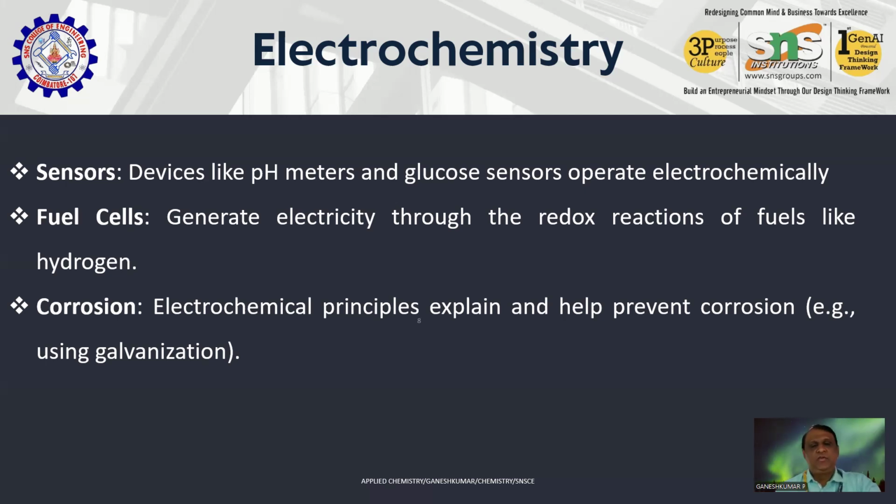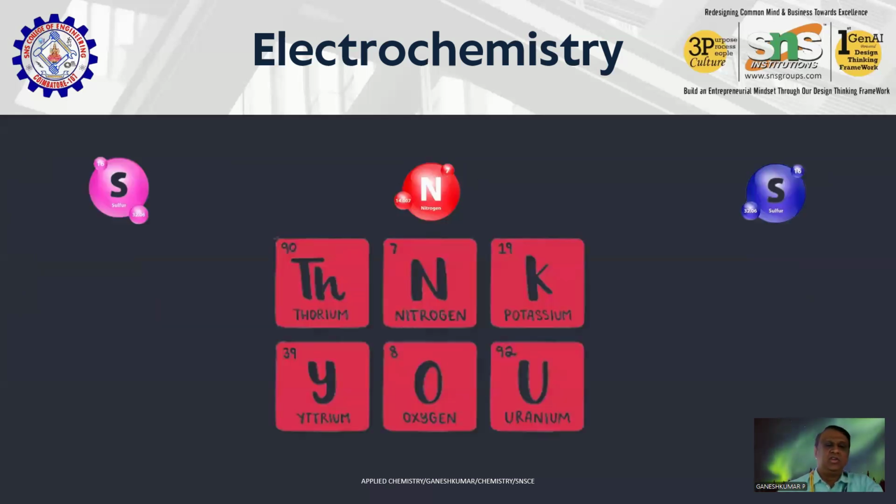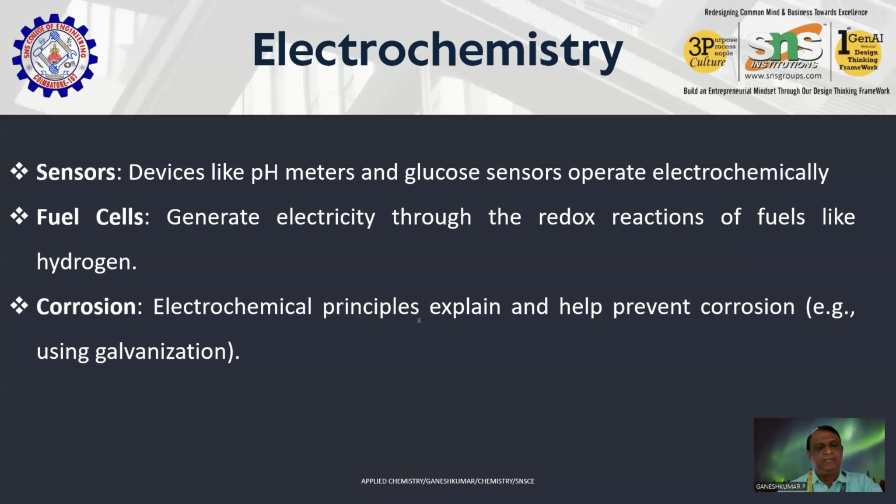Then fuel cells, which have a redox reaction in which hydrogen is used as a fuel, and the hydrogen-oxygen reaction produces energy along with water. There is no pollution in that. Then corrosion: electrochemical principles explain and help to prevent corrosion by galvanizing, anodic protection, and cathodic protection. These have wide applications in electrochemistry.